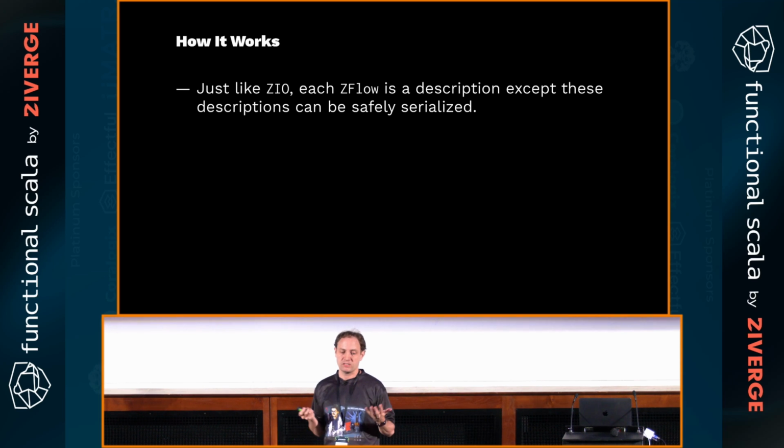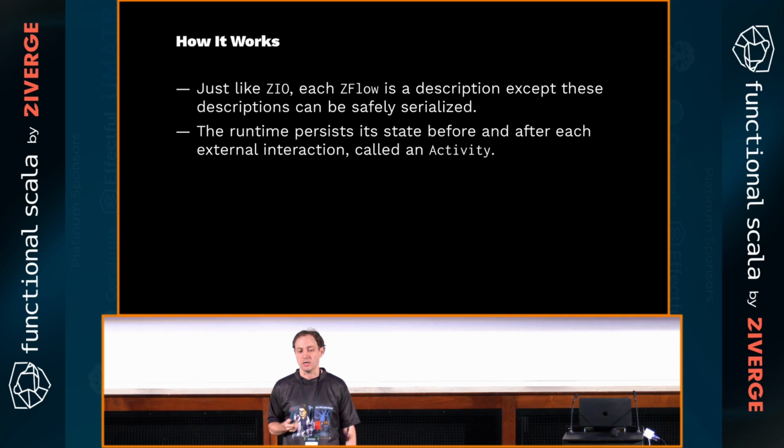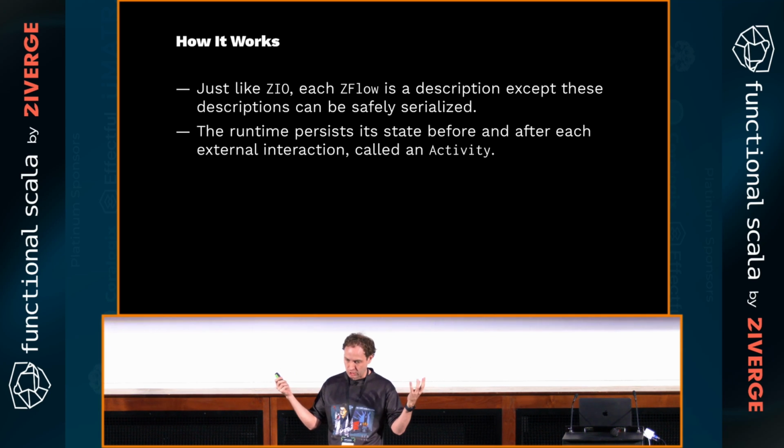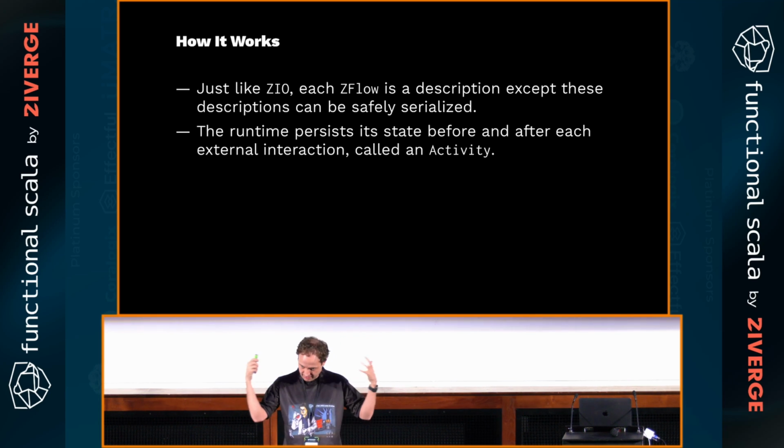And how does this ZIO Flow work under the hood? Well, it's very similar to ZIO. So each of these ZFlows is a description of one of these workflows, but these are now descriptions that can be safely serialized, and they make sure that everything that they capture can be safely serialized so that we can replay their state at any point in time. And in addition to that, we have this concept of an activity. An activity is basically an interaction with the external world.